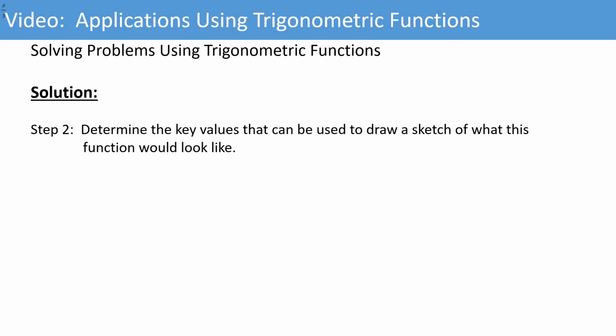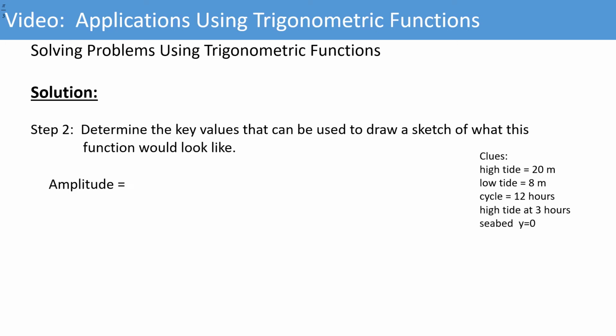Now, from there, determine the key values that can be used to draw a sketch of what this function would look like. Amplitude: high tide minus low tide divided by 2. 20 minus 8 divided by 2 is 12 divided by 2, which is 6.